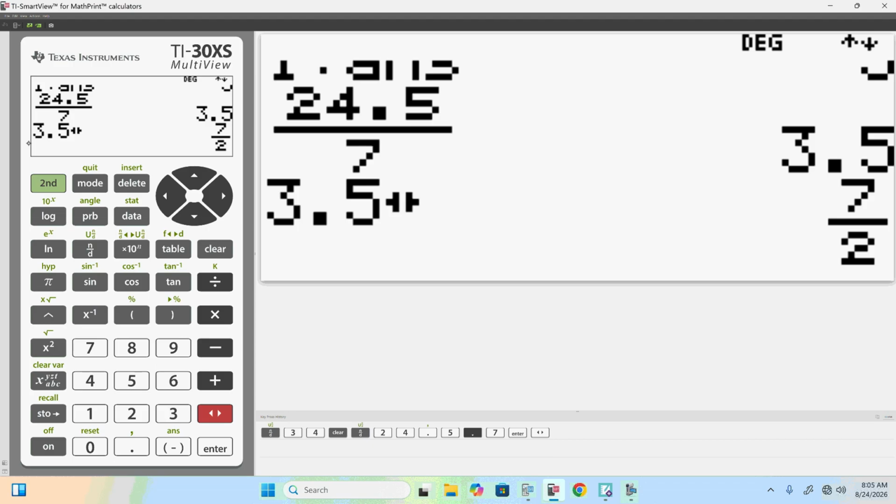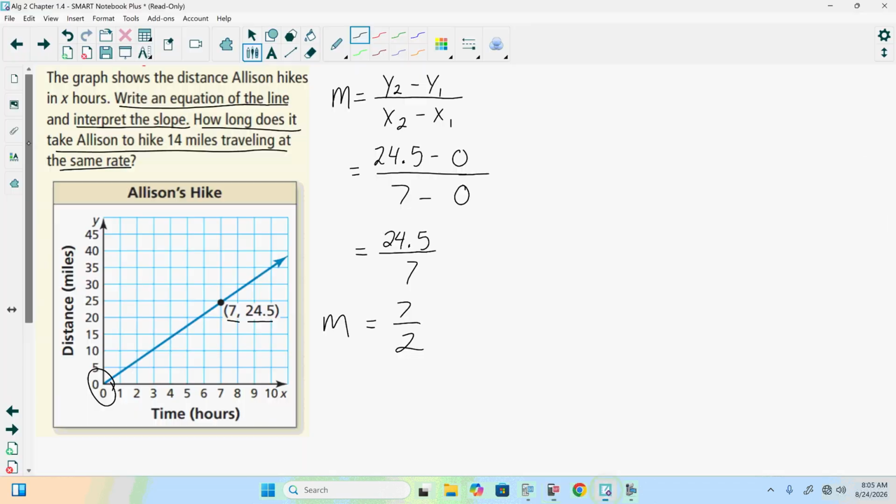It's just when we divide 24.5 by 7, we get 3.5. 3.5 as a fraction is 7/2. So yes, it looks like the 7 jumped from the bottom to the top, but it doesn't. That's a good question, because I noticed that on Friday. It seemed like it just jumped, but it doesn't.